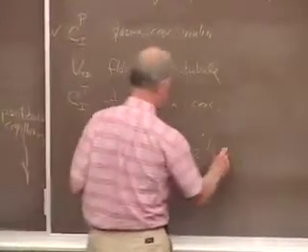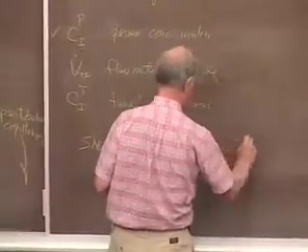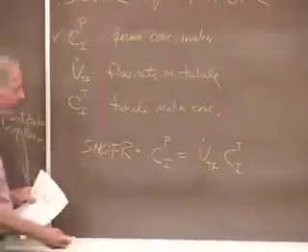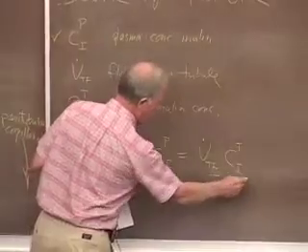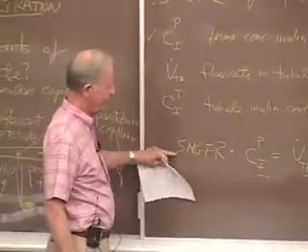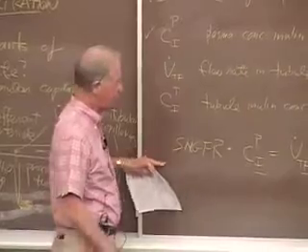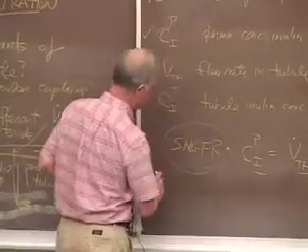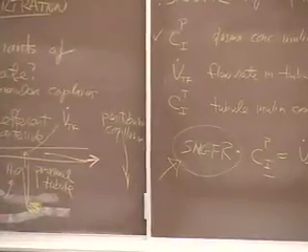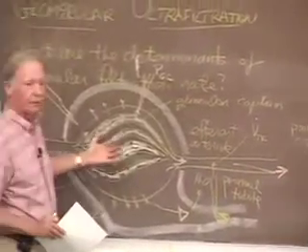The concentration. That's the mass balance on inulin. Now, what do I know? I know this, and I know this. So what can I calculate? It's SNGFR. I can calculate SNGFR from these experiments. So this was a huge breakthrough. This is the first time that the filtration rate in a single glomerulus had ever been measured.